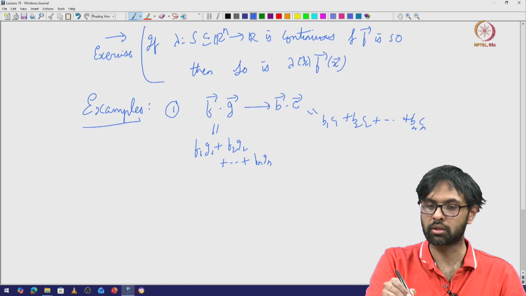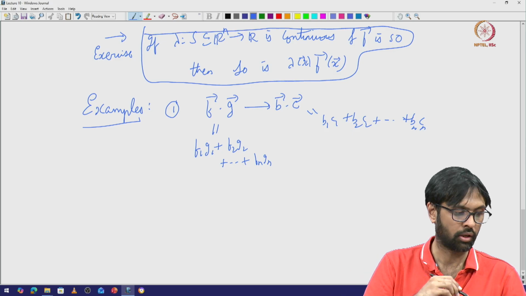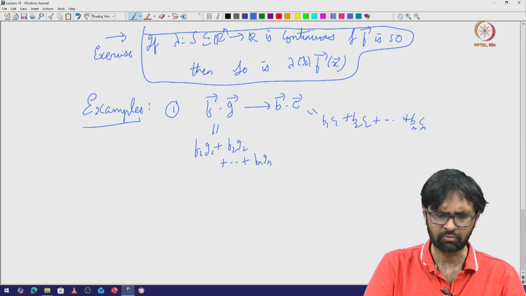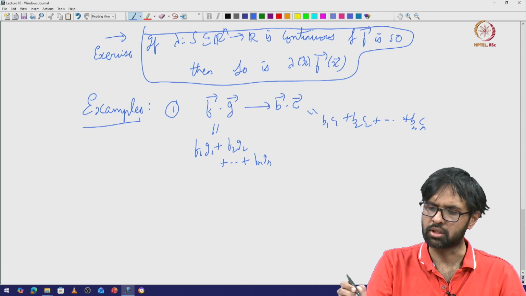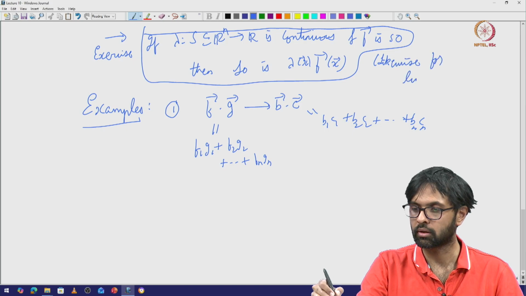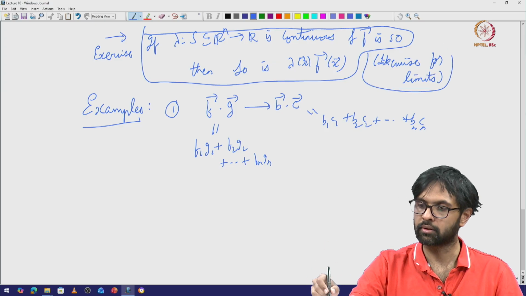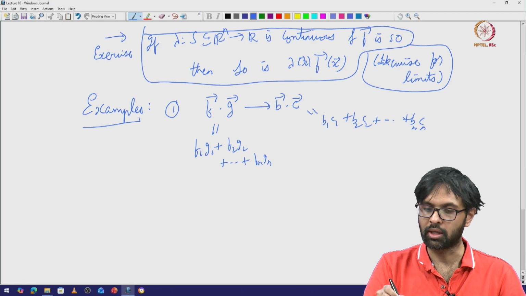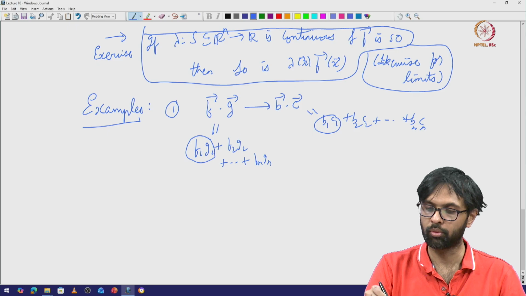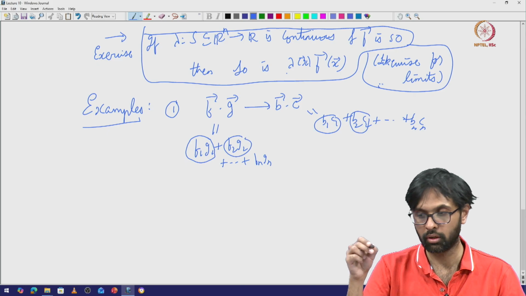Given these facts for limits, notice that f1 times g1 will converge to b1 times c1, f2 times g2 will converge to b2 times c2, and so on from this fact alone.